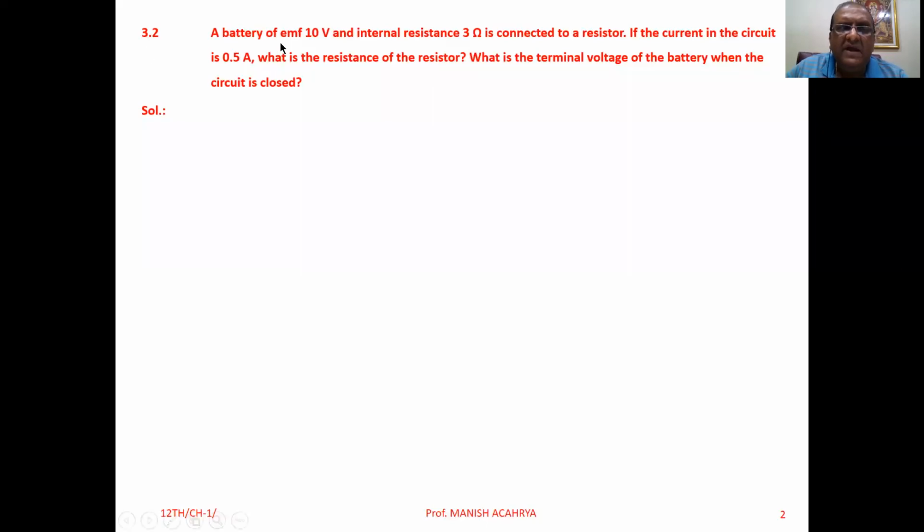3.2. A battery of EMF 10 volt and internal resistance 3 ohm is connected to a resistor. If the current in the circuit is 0.5 ampere, what is the resistance of the resistor? What is the terminal voltage of the battery when the circuit is closed?